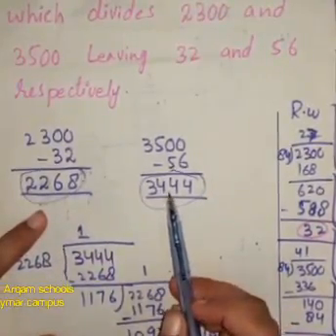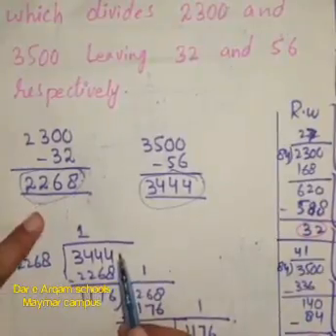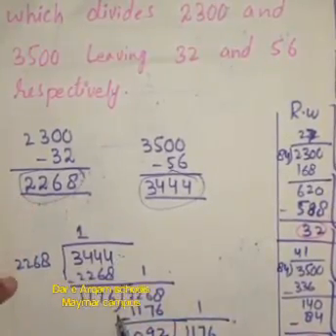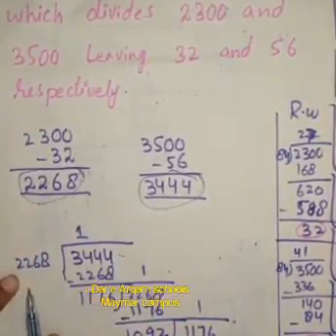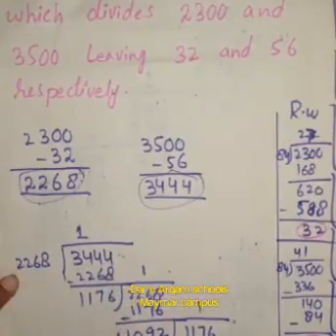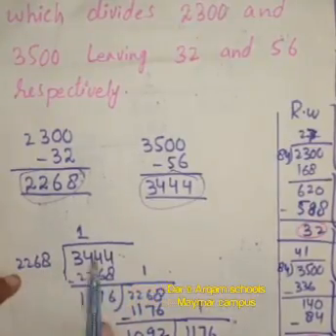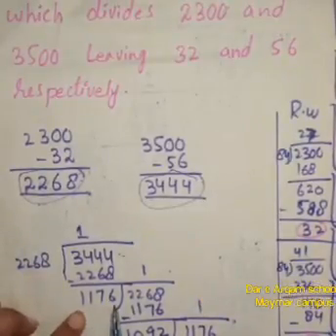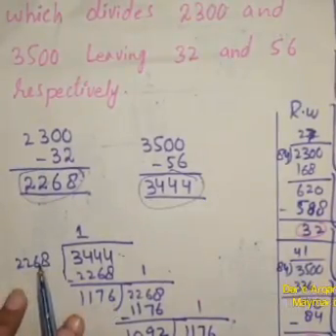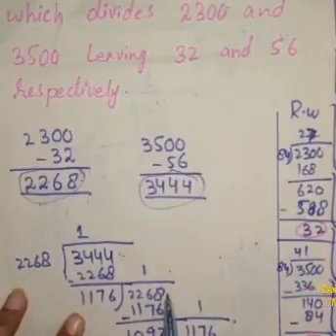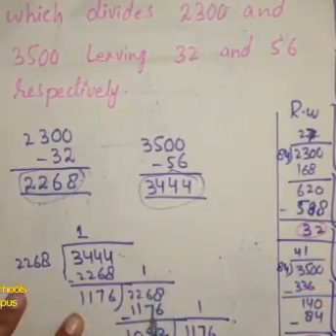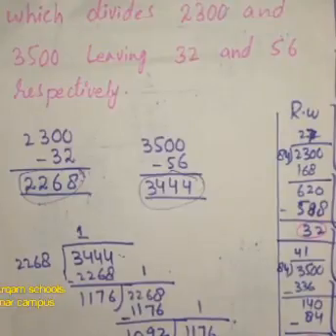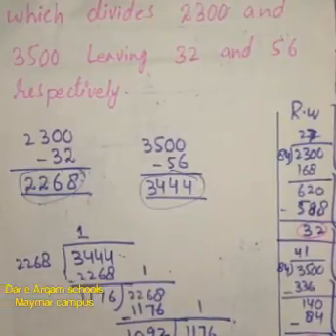These two numbers we have found for HCF. Now you will put the greater number as your dividend and the smaller number as your divisor and start to find your HCF. When we divide these two numbers, we get 1176 remainder. Now change your divisor into dividend and again solve them. Here you will get 1092 remainder.